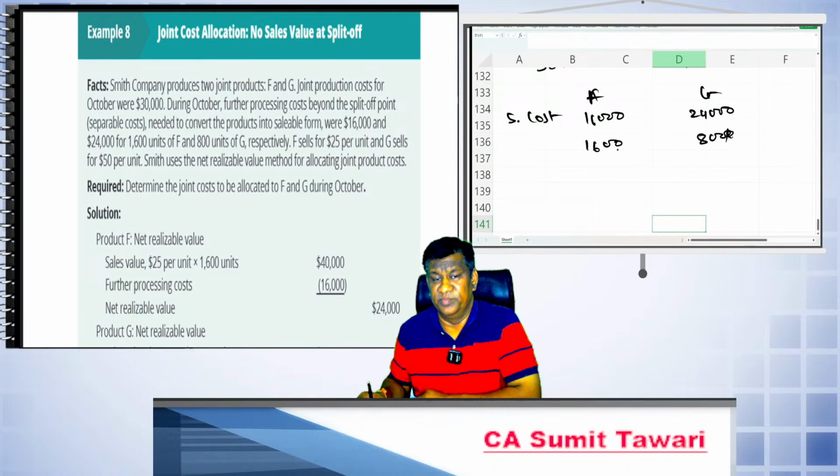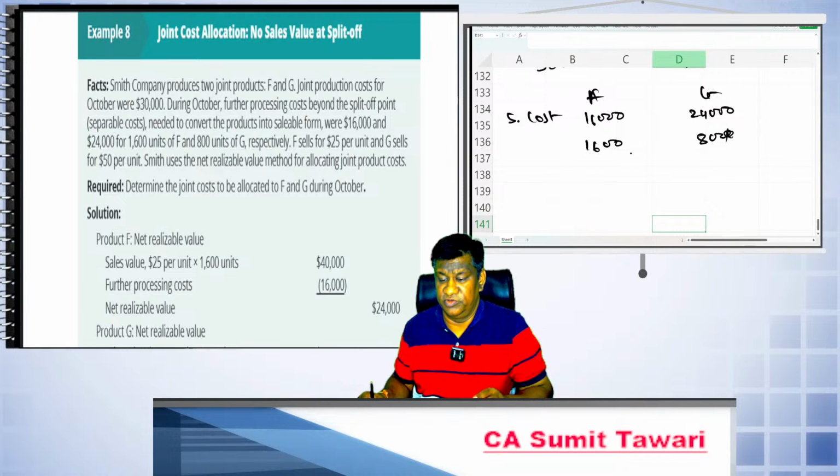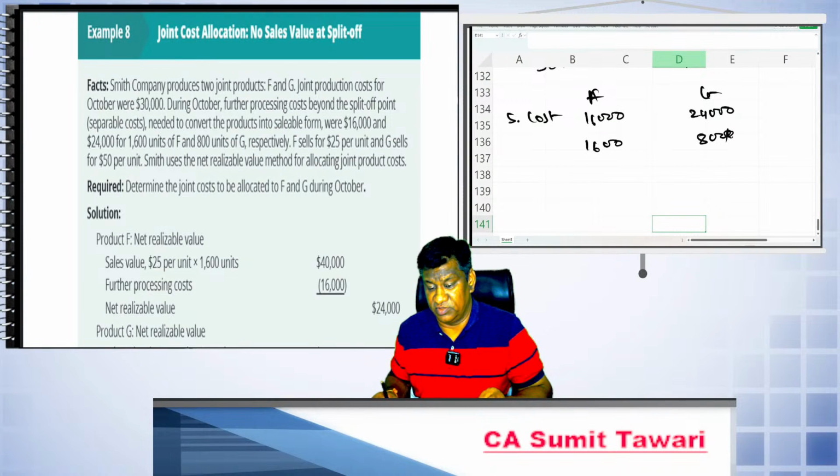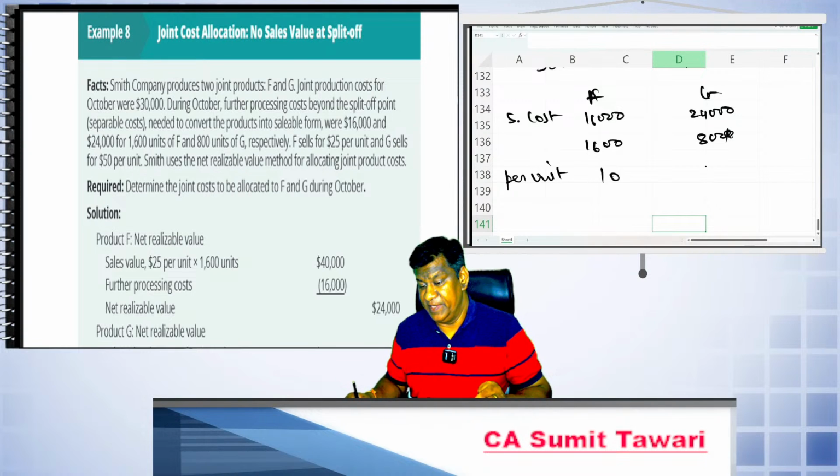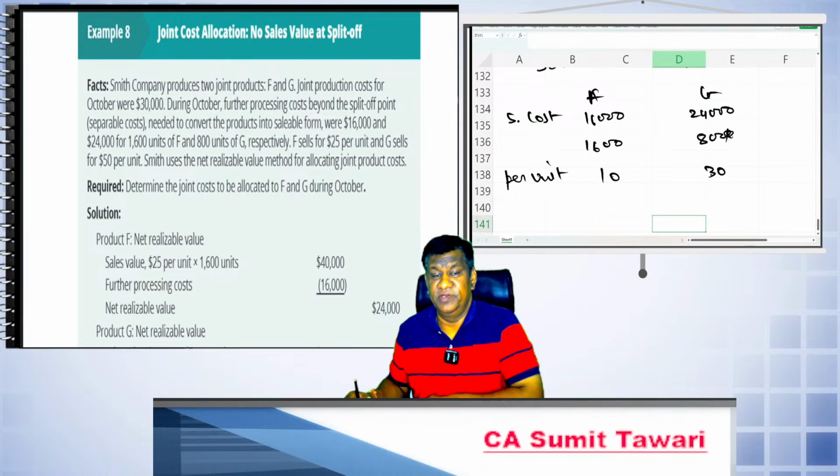Here you can convert either to one unit or to full value. If I convert to per unit cost, it is 10 and 30 per unit separable cost. F sells at 25 per unit and G sells at 50.